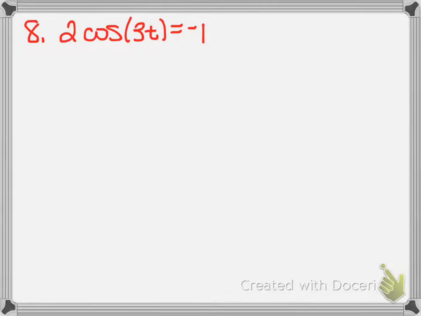And so what this 3t in here is going to mean eventually is that we're going to be looking for 3 times as many answers, and that we're not going to have to go around 360 degrees or 2 pi between our answers. Okay, so that's why the general solution form is about to become really important. But it's not important in the first step or two. I mean, step 1 is still the same as it was on question 2 and 4. Step 1 is still divide by 2.